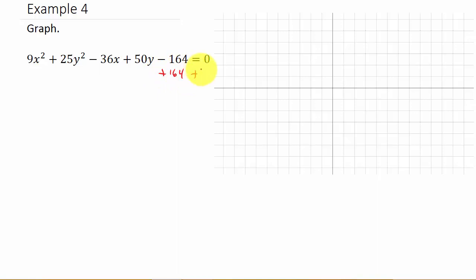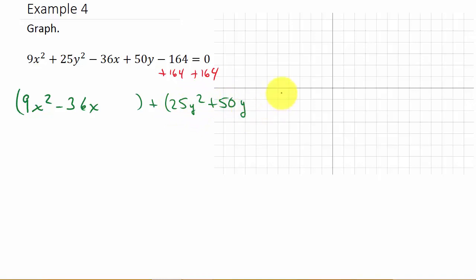Plus 164 on both sides, and that's going to give me 9x squared minus 36x, and we'll leave a little space here, plus 25y squared plus 50y, and leave a little space, and that's going to equal 164. Alright, so you can probably guess what we're about to do. We are going to complete the square on these.